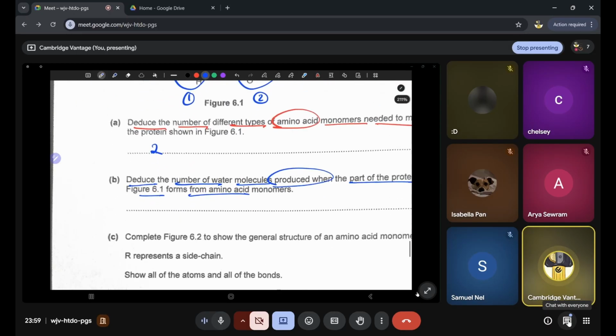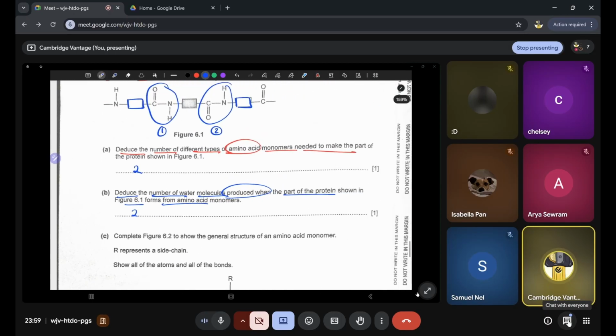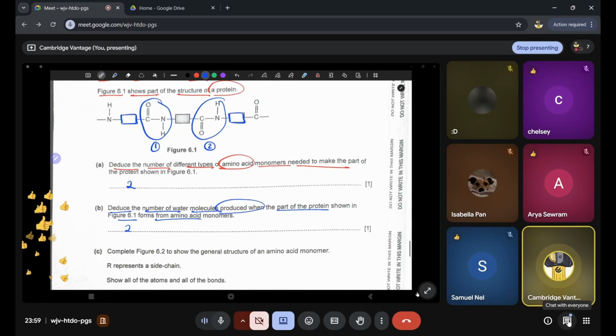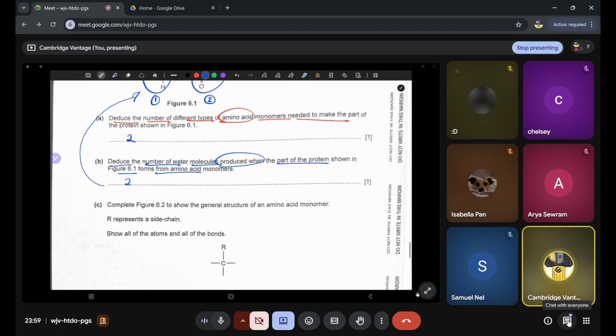So since I have two, I'll just say two water molecules are released over here. Is that clear for all students? All right. Now, do not think that this too is related to the types of amino acids. That is not the case. Rather, it's related to the number of amide linkages present over here.